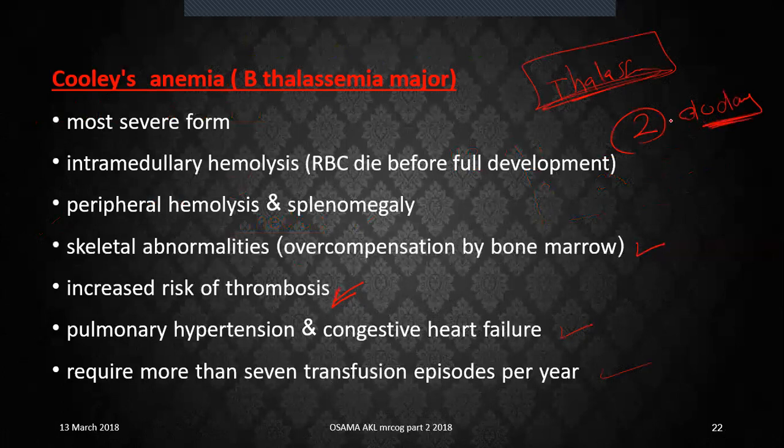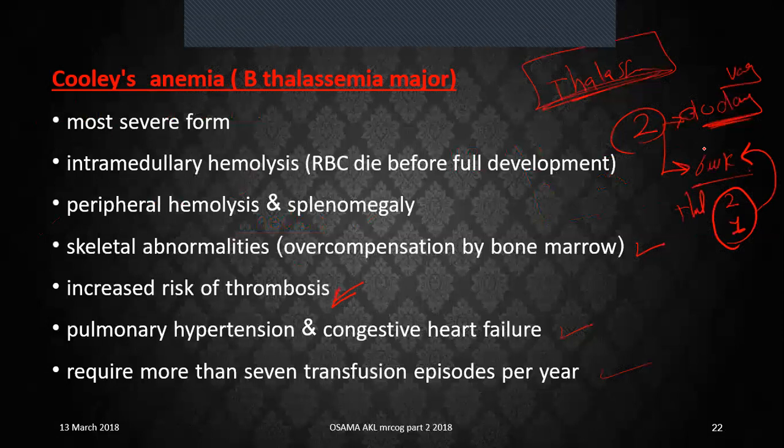At least 10 days, if delivered vaginally. And we will give for 6 weeks if delivered by cesarean section, because thalassemia takes score 2. Elective cesarean section takes score 1. So we have score 3, which means 6 weeks postpartum. So thalassemia itself is a risk factor for thrombosis.